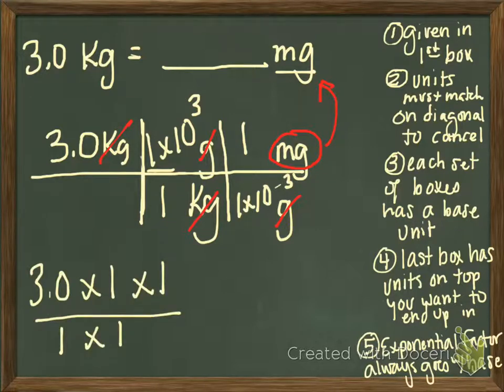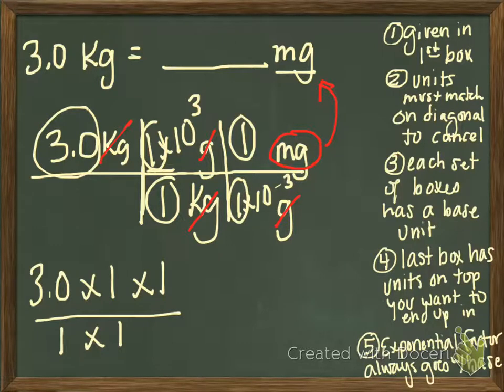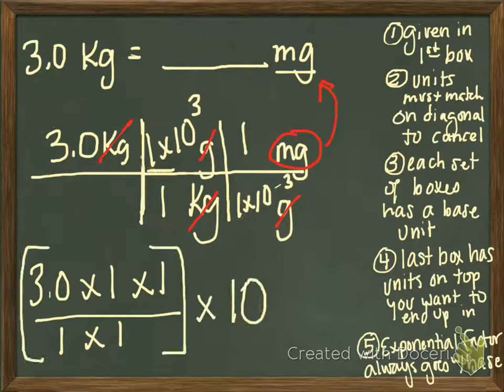Okay, we've taken the whole numbers. In the case of the things that have exponents, it's what's out in front of the exponent, and we've placed it into a multiplication and division problem. So we take 3 times 1 times 1 divided by 1 times 1. Now we have to work out our exponents.